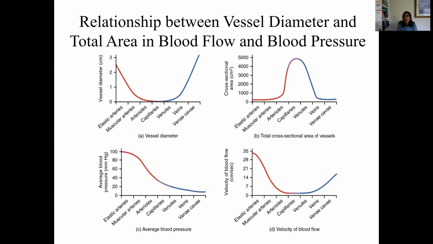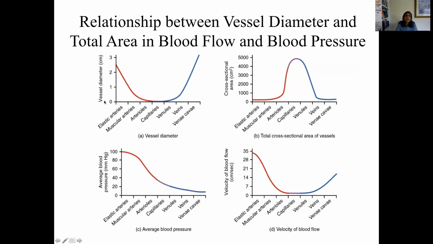Now we are bringing the blood flow topic in relation to the radius of the vessel, blood pressure, and also the cross-sectional area. So a number of details that affect blood flow is what we are looking at here.